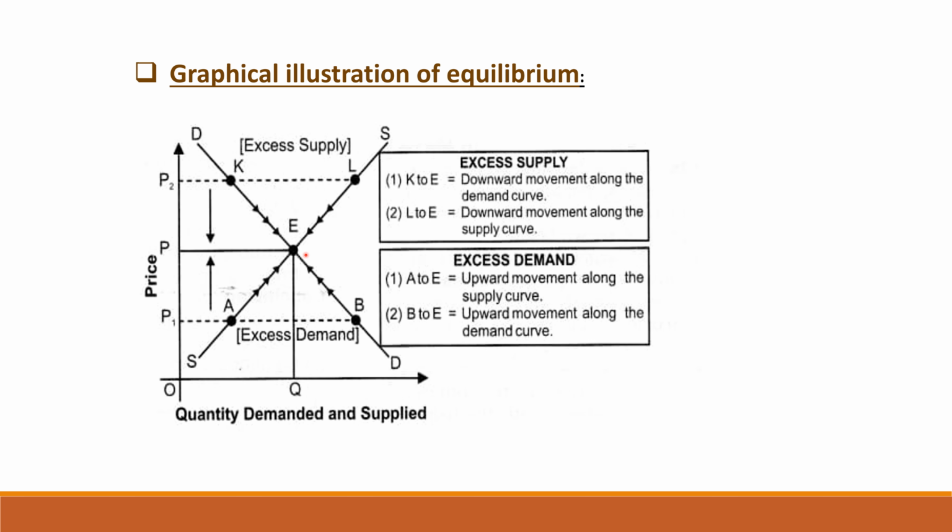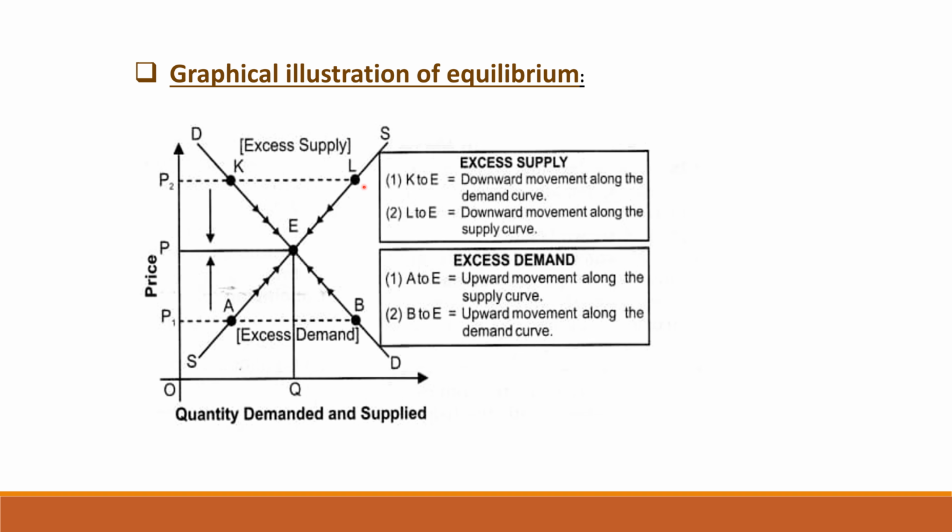But what happens if the market is not at equilibrium? Here we have excess supply and excess demand. Excess supply can also be called surplus. If the price is set above the equilibrium price, producers supply more than consumers are willing to buy. This creates a surplus. To fix this, producers will reduce prices and eventually the market will move back to equilibrium.